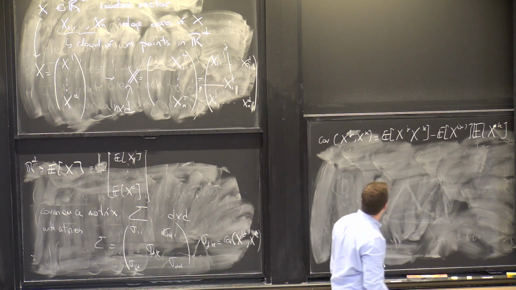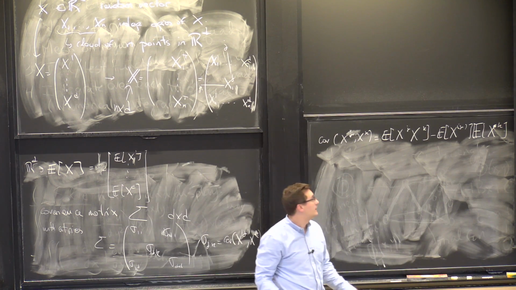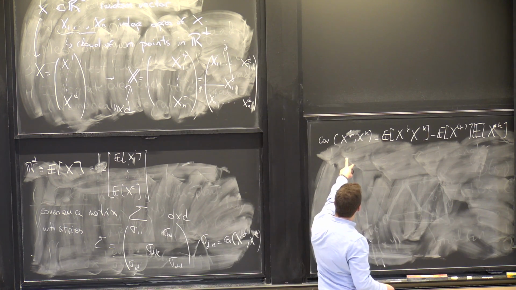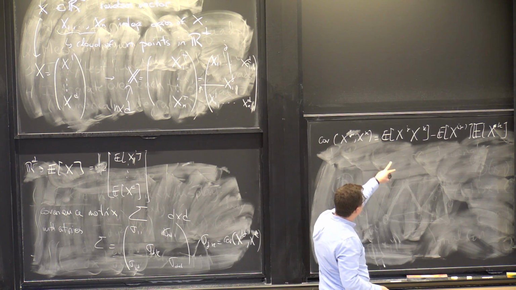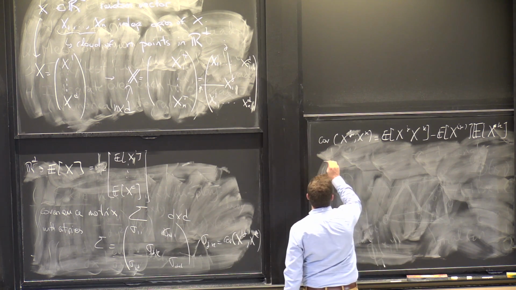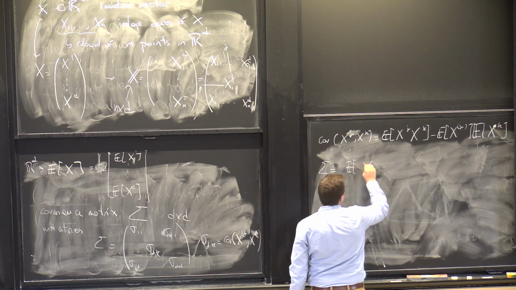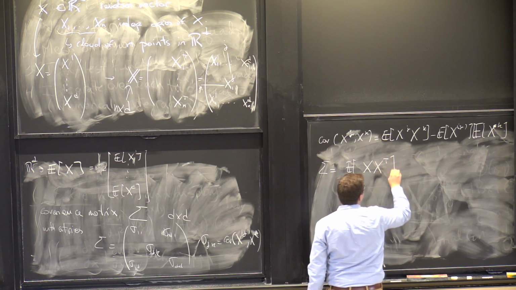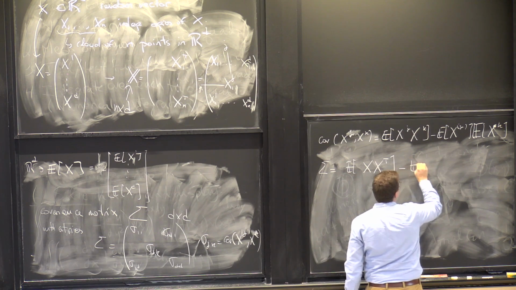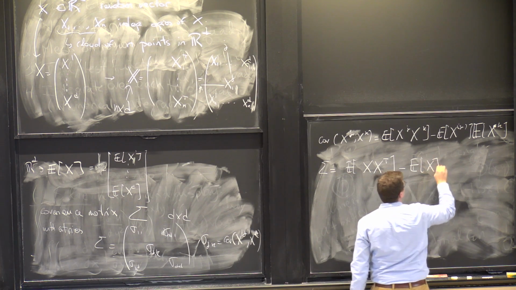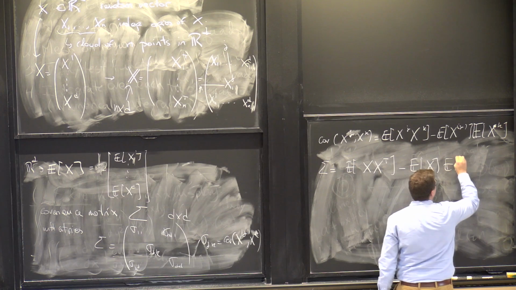Right? That's the definition of the covariance. I hope everybody's seen that. And so in particular, I can actually see that sigma can now be written as the expectation of x x transpose minus the expectation of x times the expectation of x transpose.